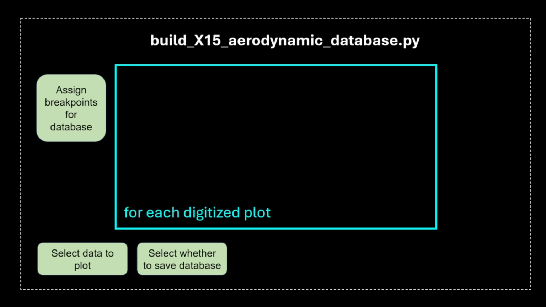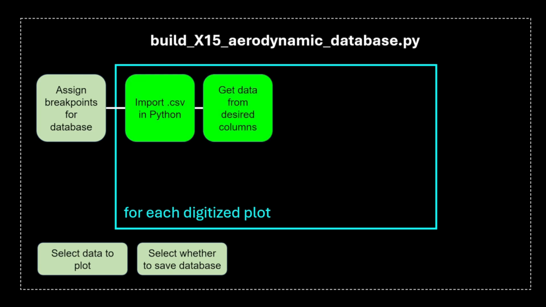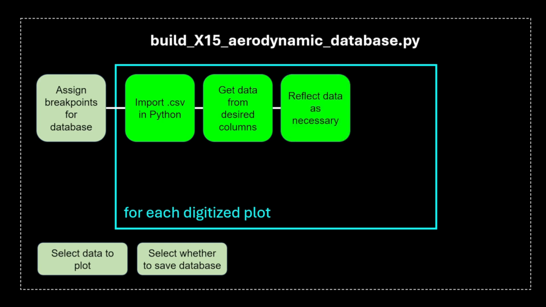The comma-separated variable file is imported. The data from the CSV file is extracted. The extracted data is reflected as necessary. Data is reflected here from positive to negative angle of attack with either a symmetric or anti-symmetric relationship as appropriate.